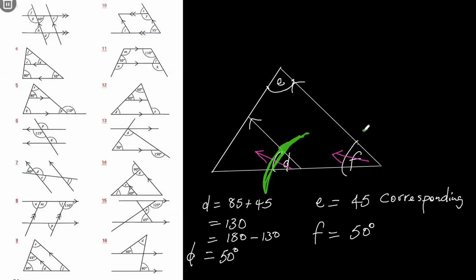So D and F are the same. So they call them corresponding. Once they are the same, they correspond. All right, Gabriel, once they are the same, they correspond. All right, let's look at number 10.